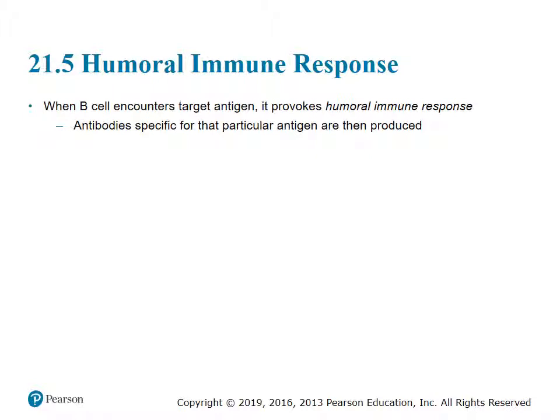So let's take a look at B cells. When they interact with an antigen, what do they do? Because we know that they present them to helper T cells, but how do they participate in this response? Remember that they're the humoral response. And when you hear humoral response, B cells, you always think of what?